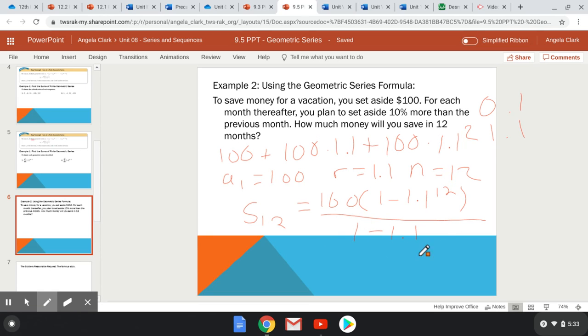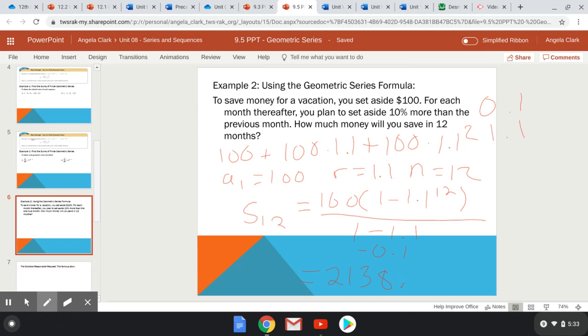1 minus 1.1 is negative 0.1, negative 0.1. So this down here is negative 0.1. So in your calculator, divide by negative 0.1, and we get as our final answer 2138.